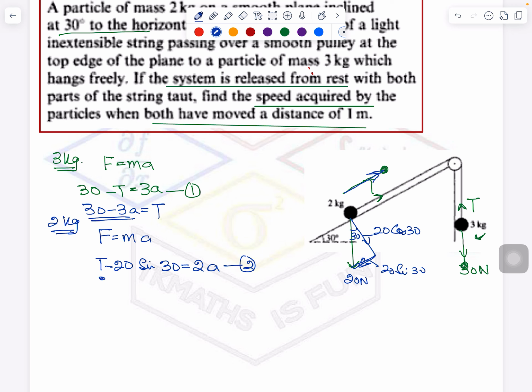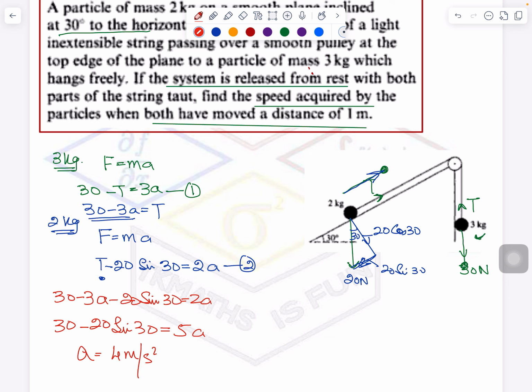It will be 30 minus 3a minus 20 sin 30 is equal to 2a. So it will be 30 minus 20 sin 30 is equal to 5a. Now pick up the calculator and get the value of a. So a is coming, let me check, yes, 20 upon 5, which is 4 meter per second square.